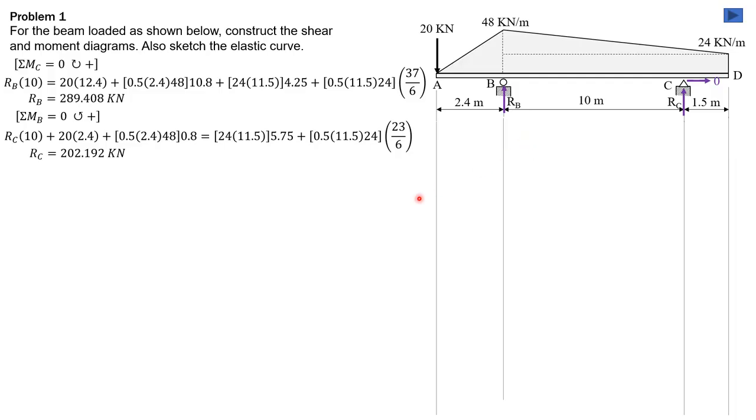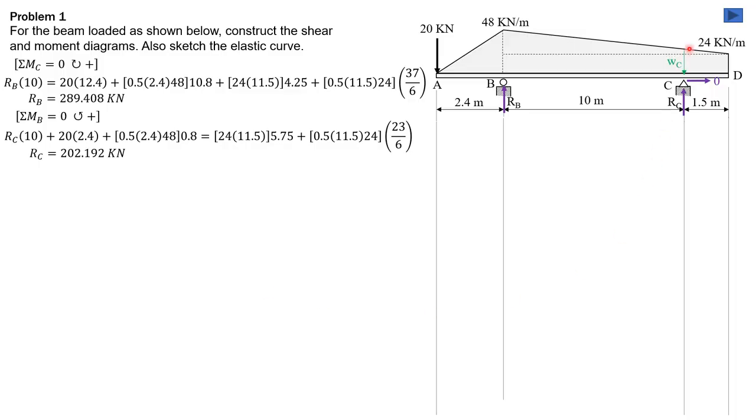So before proceeding to the shear diagram construction, you have to sum up forces Y to check if it is equal to 0. I already checked it, then it's up to you to check also summation of Y. It must be 0 to make sure that the shear and moment diagram would be correct.